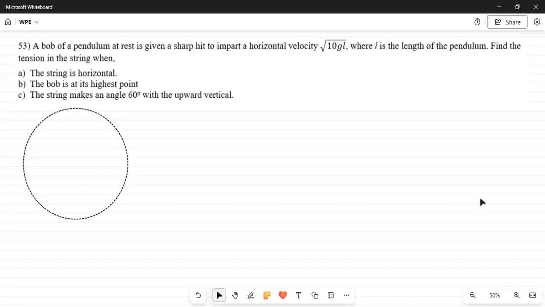We shall now try problem 53 of your text. It says that a bob of a pendulum at rest.